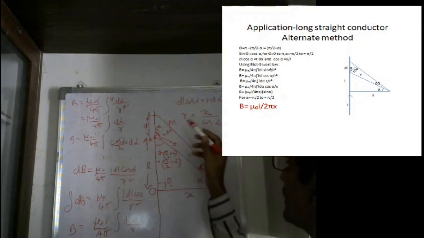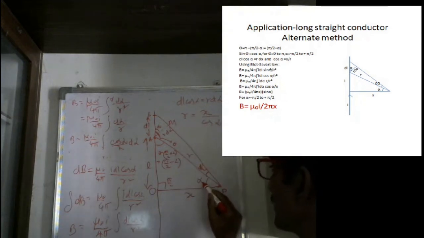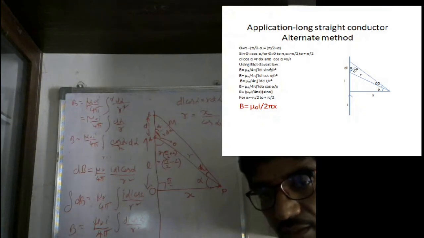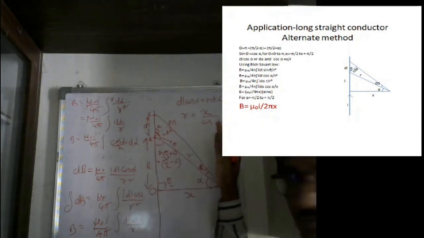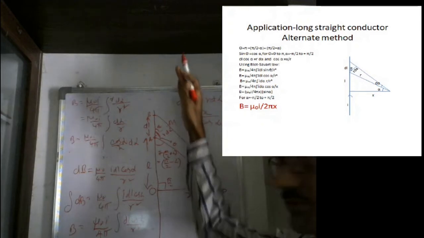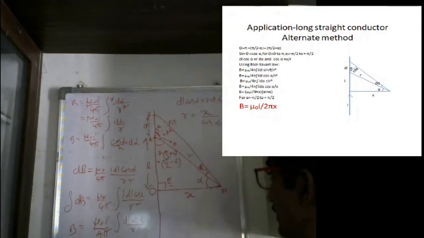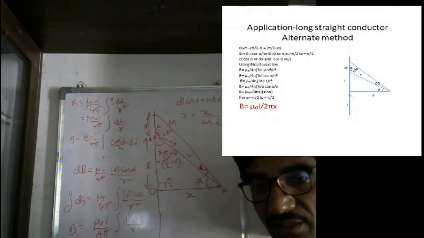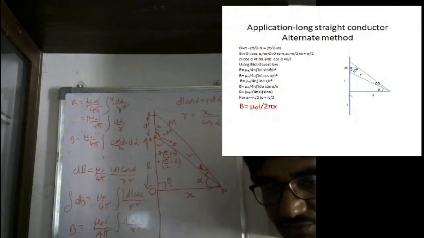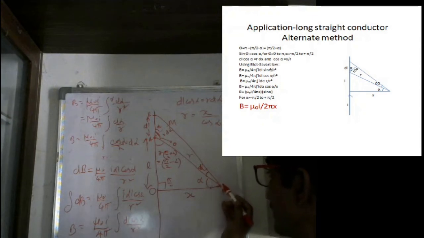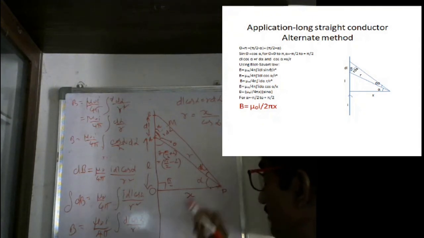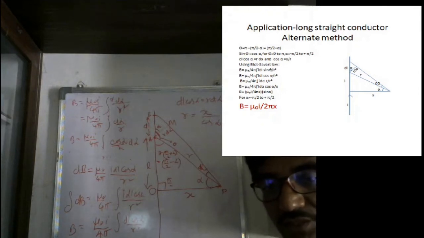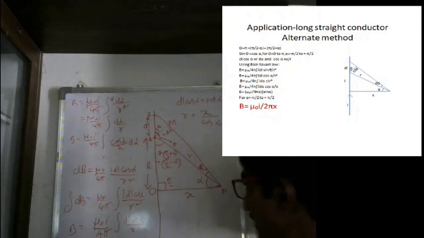What are the angles for alpha? What will be the alpha? It can be maximum up to 90 degrees. If the dimensions of your conductor go from minus infinity to plus infinity, then the alpha value will be from minus pi by 2 to plus pi by 2.